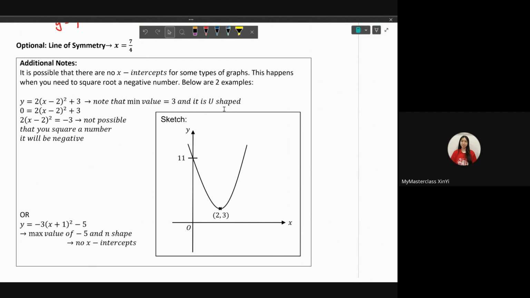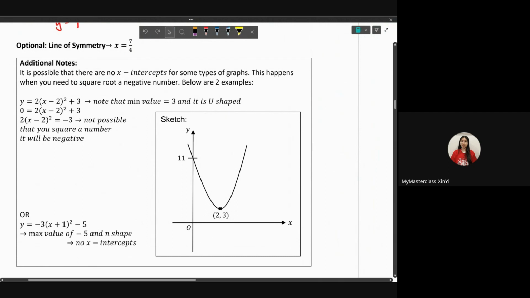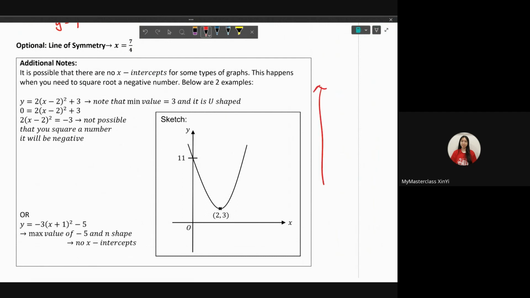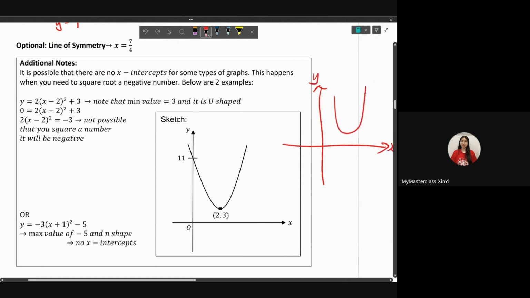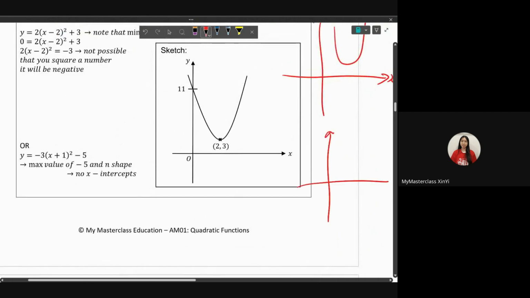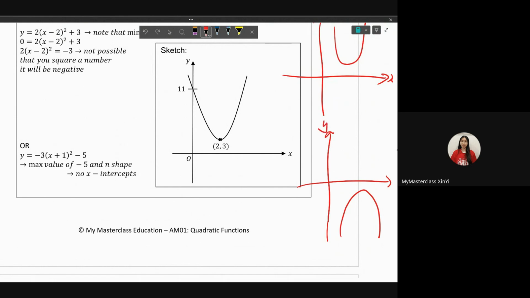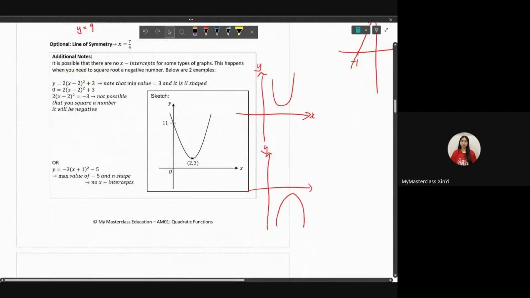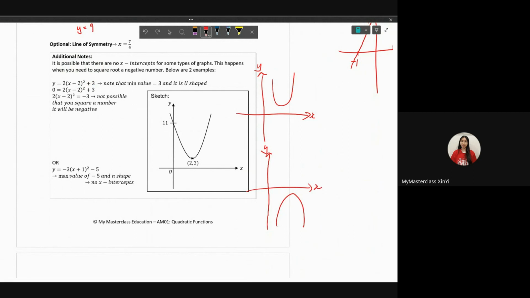There are two possibilities: a U-shaped curve that is entirely above the x-axis, or an N-shaped curve that is entirely below. These are the two possibilities where there are no x-intercepts. One is completely above the x-axis, one is completely below. This is for U-shape, and this is for N-shape.